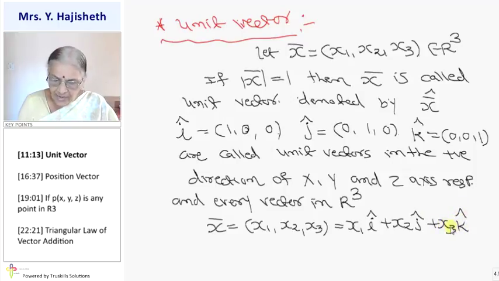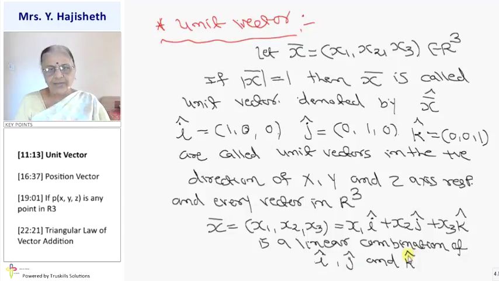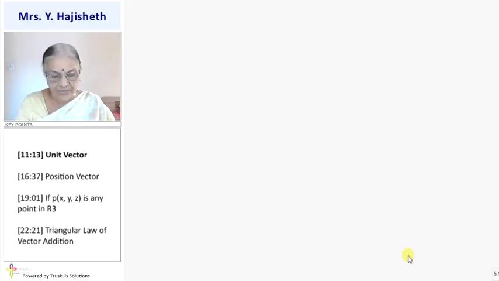So every vector in R cube is a linear combination of i, j and k. If I am talking about R square, then every vector in R square is a linear combination of i and j. In R square, vector i is defined as the ordered pair (1, 0) and vector j is defined as the ordered pair (0, 1). There are only two basic unit vectors in R square. Okay.